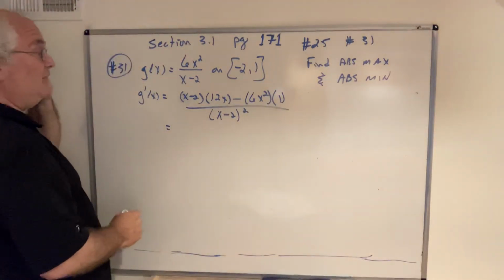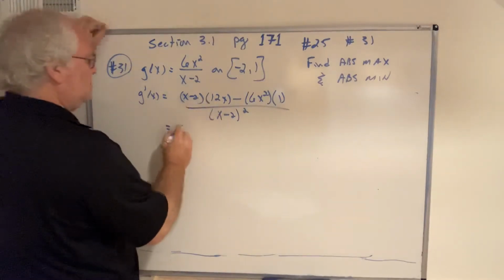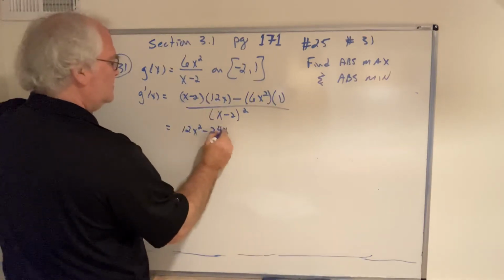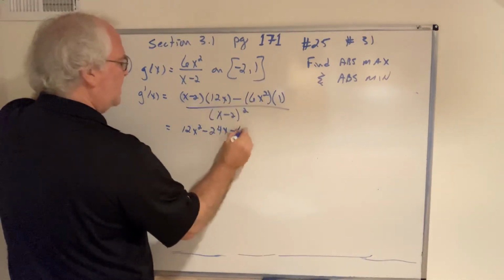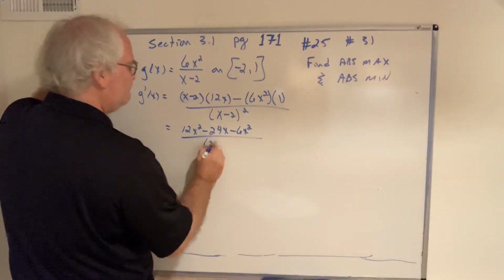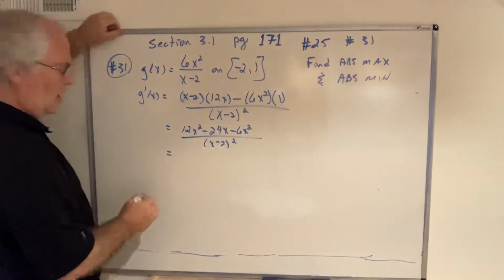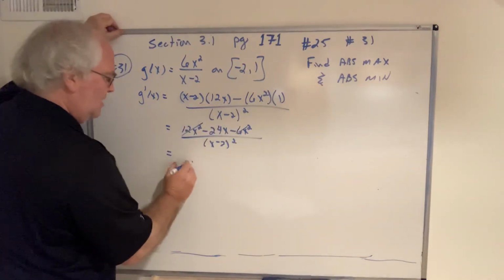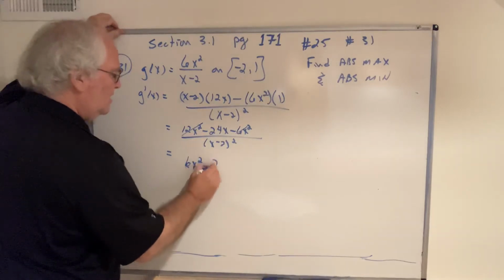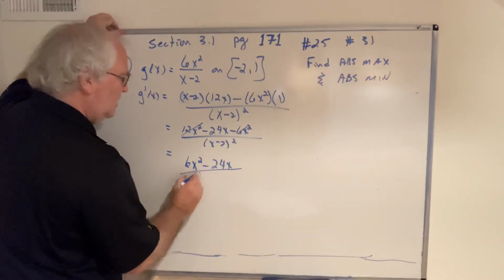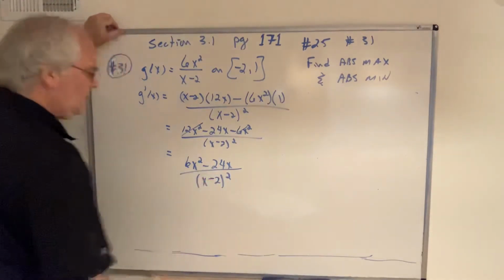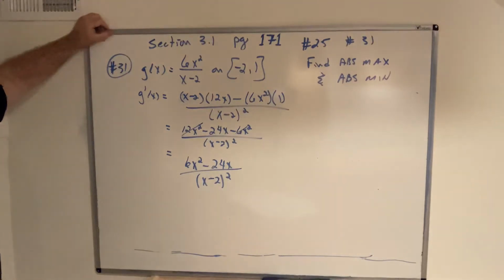And I think if you simplify, this becomes 12x squared minus 24x, minus 6x squared. And at long last, that simplifies. That's 6x squared minus 24x, all over x minus 2 quantity squared. So I think that's my derivative. Good old quotient rule, simplified enough that we can solve this.